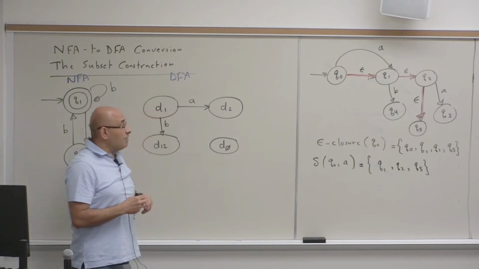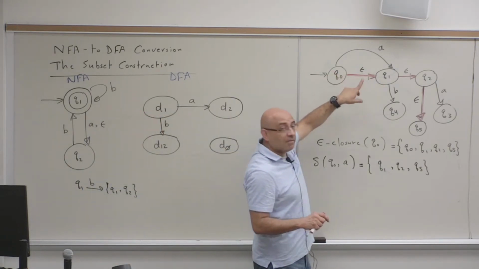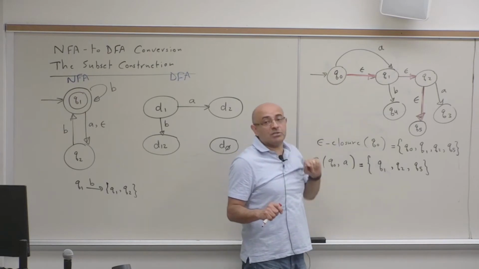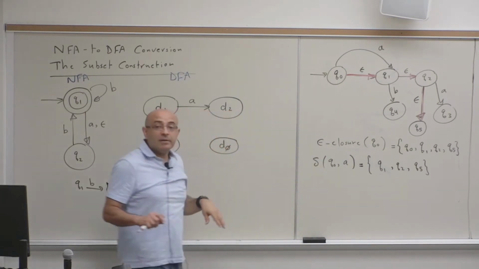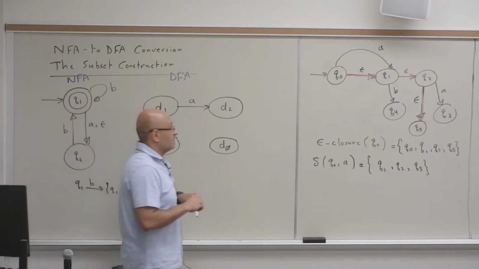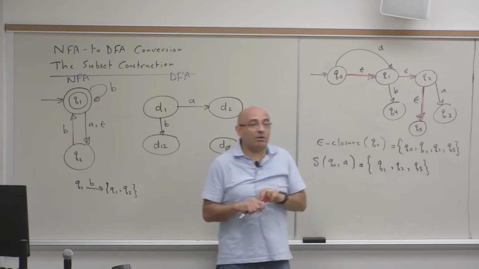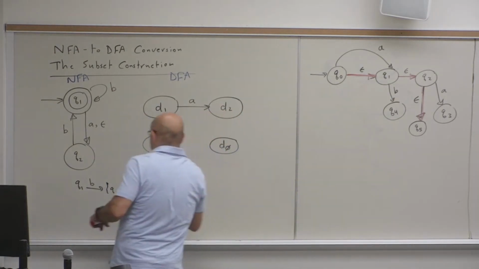So when you do the conversion, if the A takes you to a state, you always have the option of taking epsilon closures to other states, and you should cover all possible epsilon transitions, and not only the one-step transitions, but all of them. Okay.